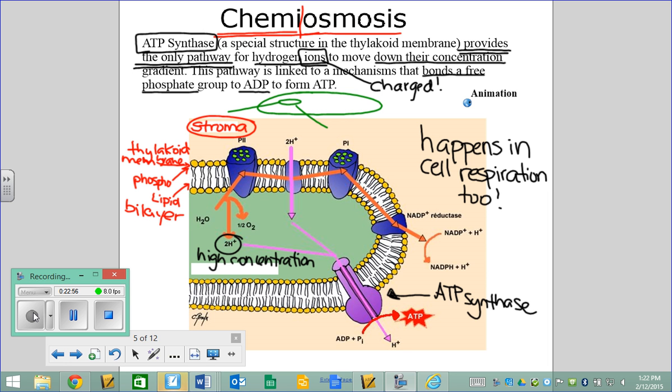Obviously, it's not going to happen on a thylakoid membrane in cell respiration. In cell respiration, we're inside of a mitochondrion, and the name of the membrane is the cristae. And so that's the membrane that we'll be focusing on. But this same process happens during photosynthesis and cell respiration. And that's a really key point.